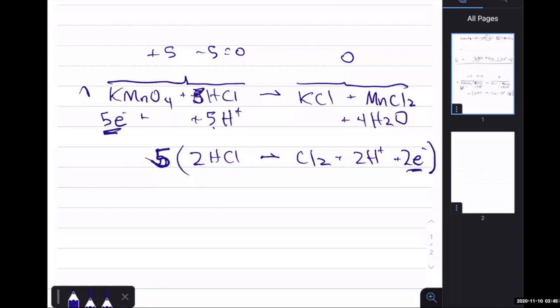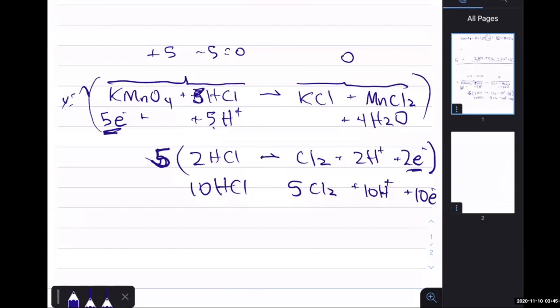Why by 5? Because then this gives you 10 electrons. The 10 electrons will not cancel the 5. That's why you need to multiply this equation up here by 2. Because by multiplying it by 2, now I get 10.